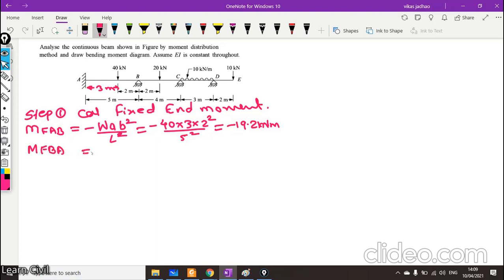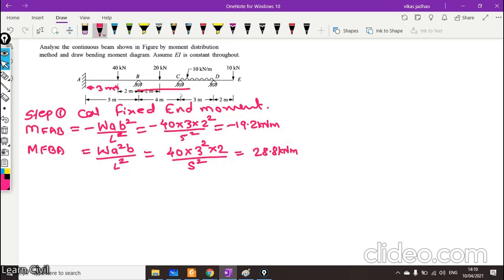Similarly, MFBA is equal to, the formula is W a square b divided by L square. We have W equal to 40, a square means 3 square multiplied by 2 divided by 5 square. So this is equal to 28.8 kilonewton meter.